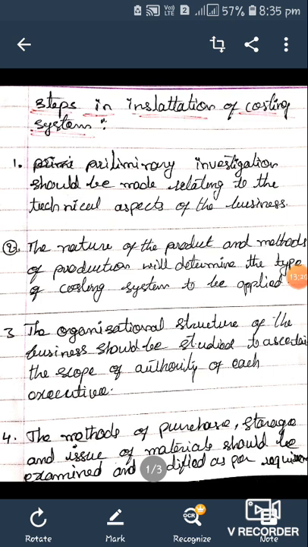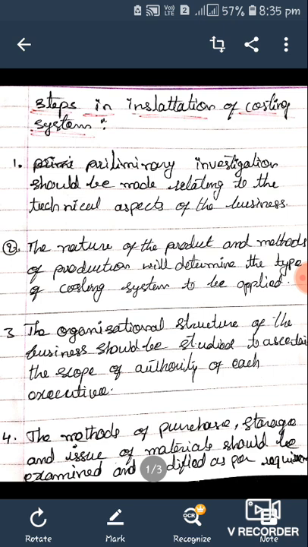Next, the installation of a costing system in a company. So there are steps to be followed when installing a costing system in a company.